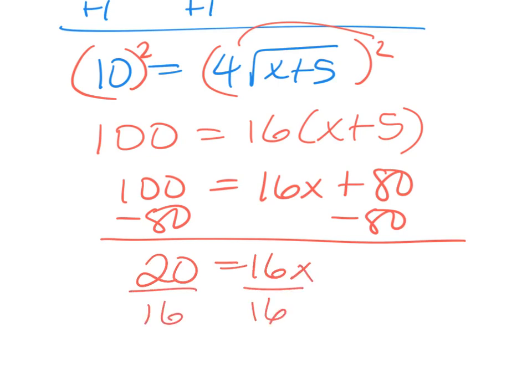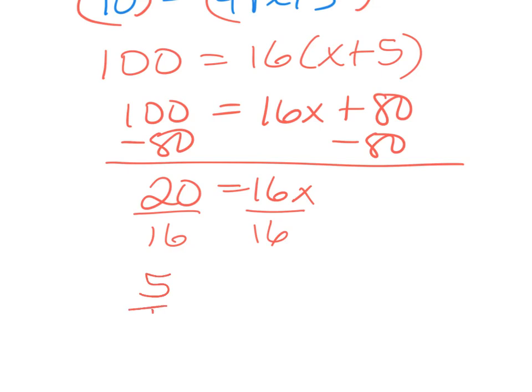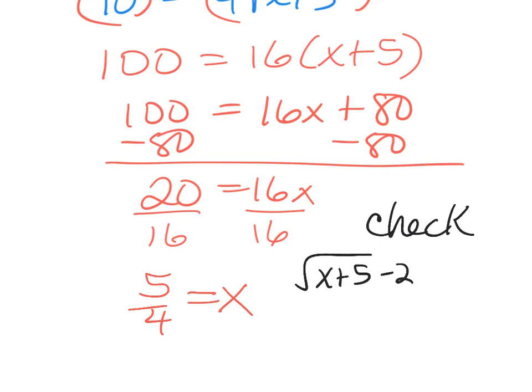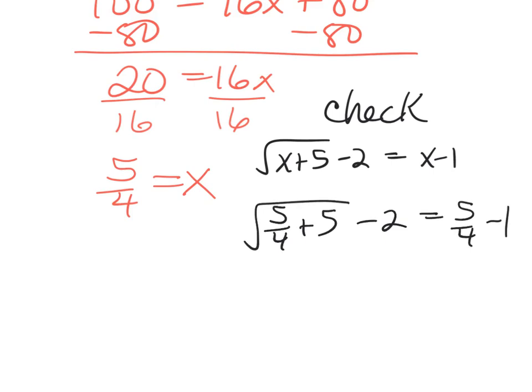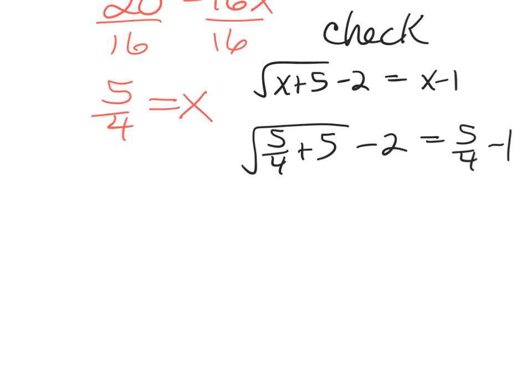Divide by 16. 5 over 4 equals x. And again, you got to check it. So again, the original problem was square root of x plus 5 minus 2 equals square root of x minus 1. So 5 over 4 plus 5 minus 2 and 5 over 4 minus 1. I'm going to change my 5 here so it's got a common denominator, and I'm going to make it 20 over 4.